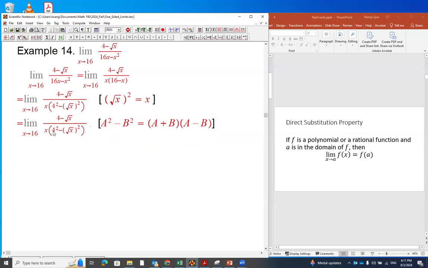All right, and so this is 4 squared minus root x squared. We're going to factor this, and it's going to be factored into 4 minus root x multiplied by 4 plus root x.